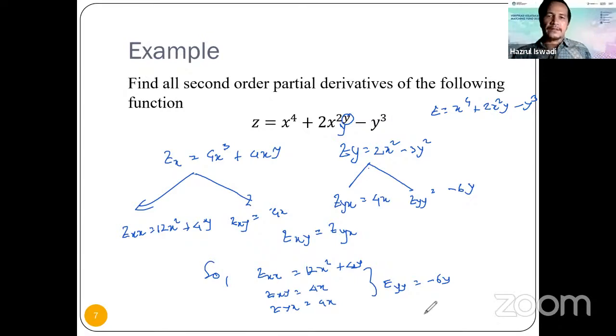Okay, students, this is all of the second order partial derivatives of this function.